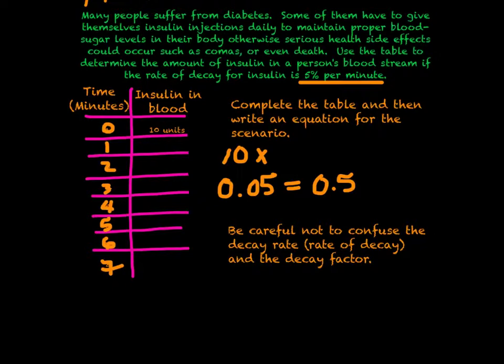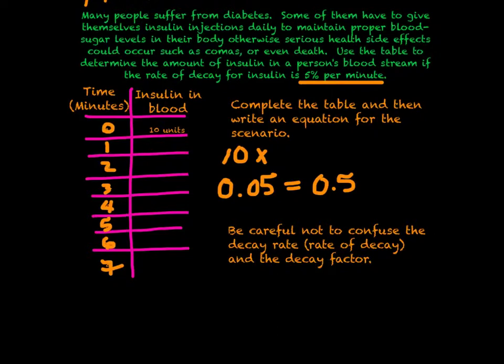Now, if I were not thinking very properly, I potentially could write 0.5 in here for the amount of insulin that's in the blood. But in all reality, a decay rate is telling me how much has left my body, not the active medicine within my body. So at this point in time, that 0.5 is incorrect.